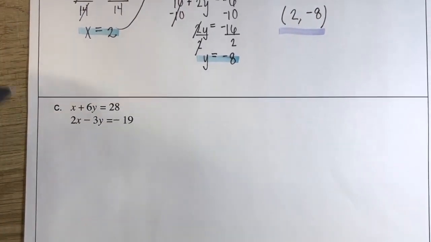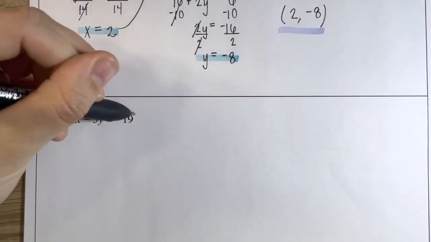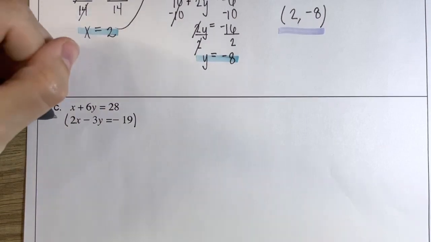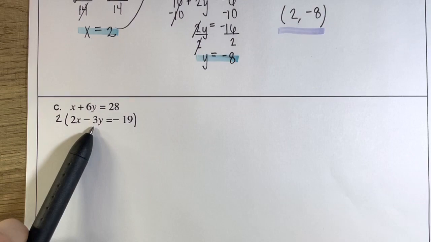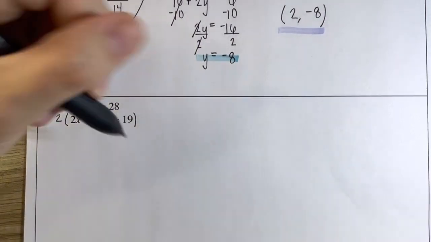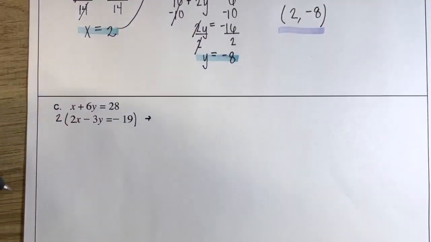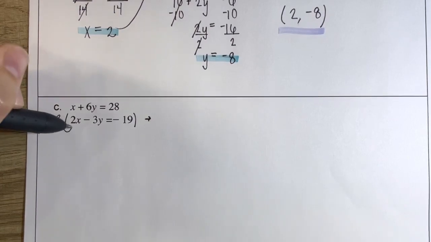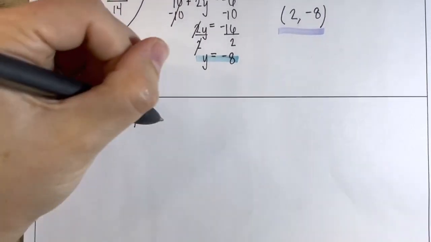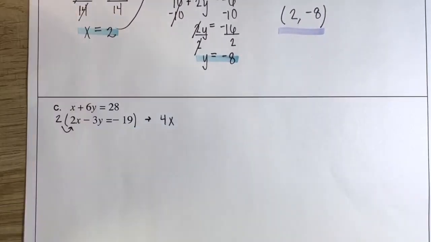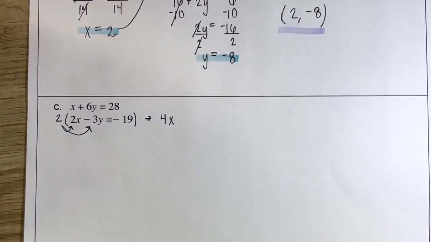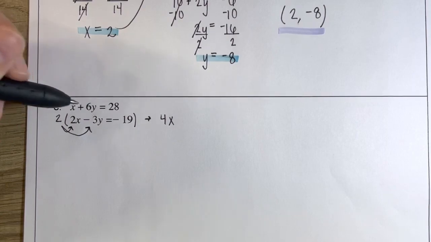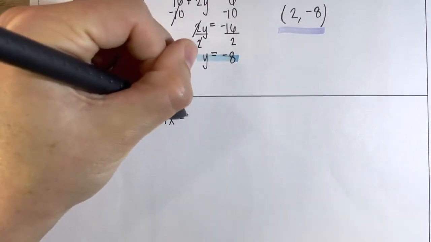So if I want to eliminate y, I'm going to take the second equation and multiply a 2 throughout it because I want this negative 3y to become a negative 6y. So we'll distribute the 2 in. So 2 times 2x, that's 4x. 2 times negative 3y, that becomes negative 6y.